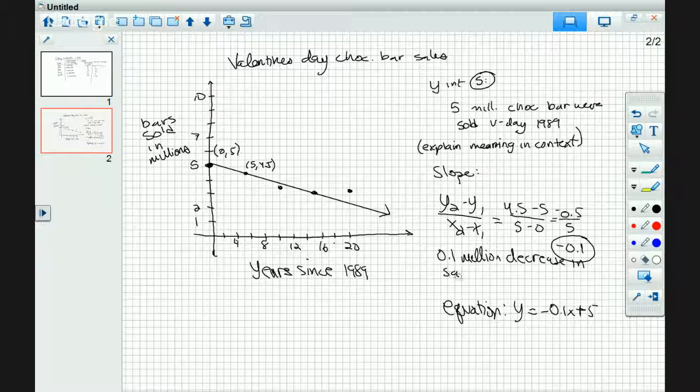Right, something like that. So you get a 0.1 million decrease in chocolate sales per year, or 100,000 fewer chocolate bars are sold every year, something of that nature. You're just showing the decrease or the increase of the rate of change. All right?